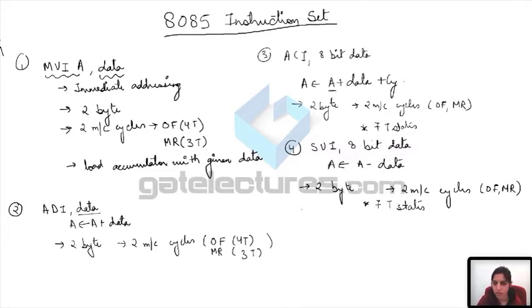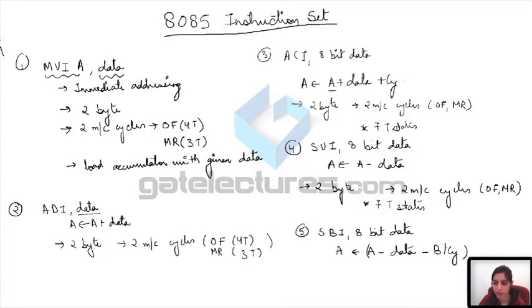The next instruction is SBI. In this, the given data is subtracted from A along with the carry or borrow, according to the status of the carry flag.